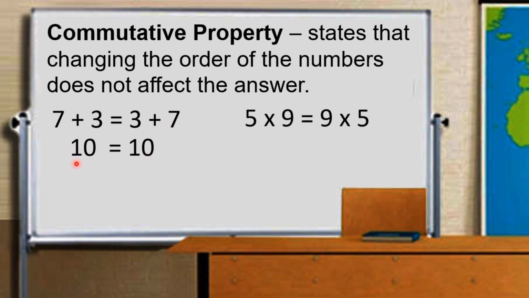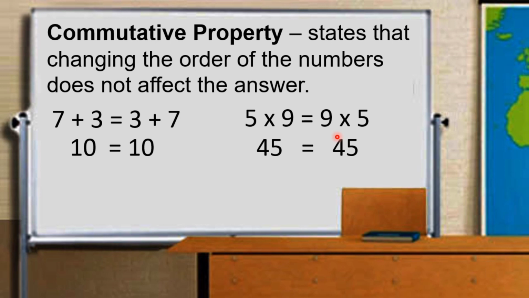Next, let's have an example of commutative property when it comes to multiplication. So 5 times 9. Let us change the position of our given factors, kaya naging 9 times 5. Let's get their product. 5 times 9 is 45, and then 9 times 5 is 45 din.